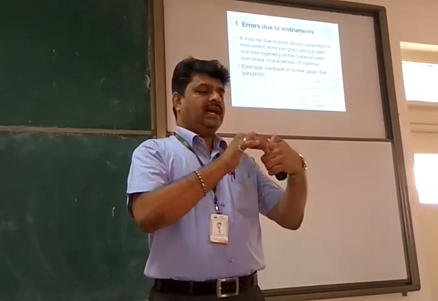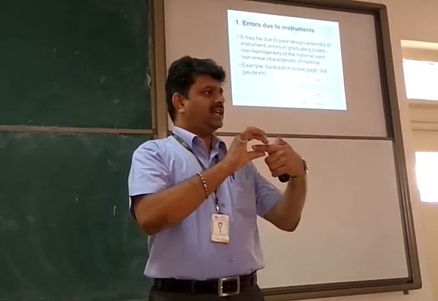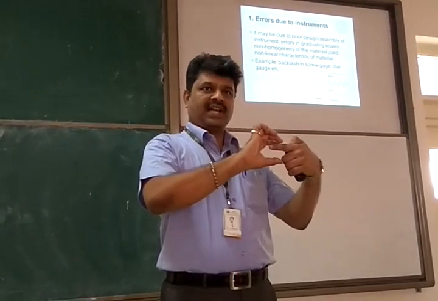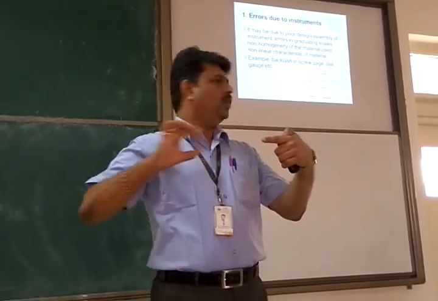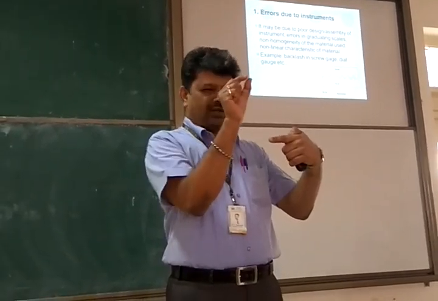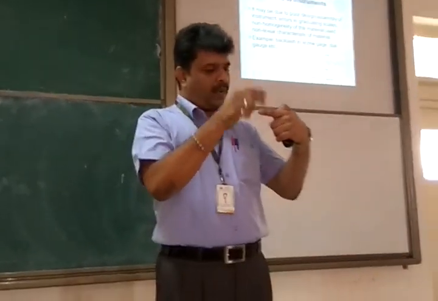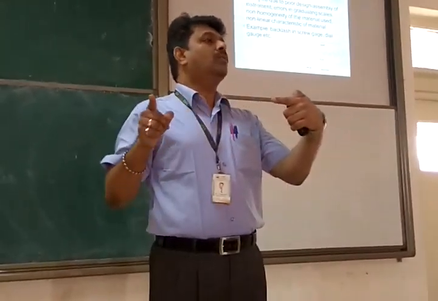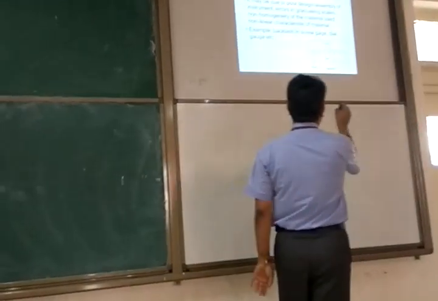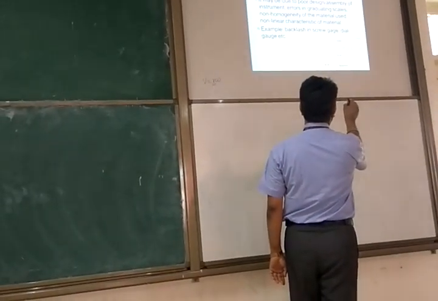And suddenly you reverse the direction, you start rotating in the reverse direction, the nut will not start moving in the opposite direction immediately. For a certain amount of reverse movement, a small movement, not very great, the nut won't move in the opposite direction, because there will be a gap in the thread.